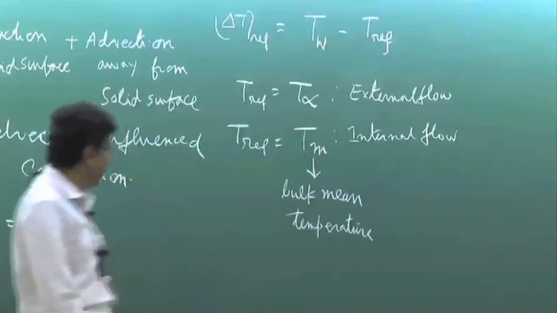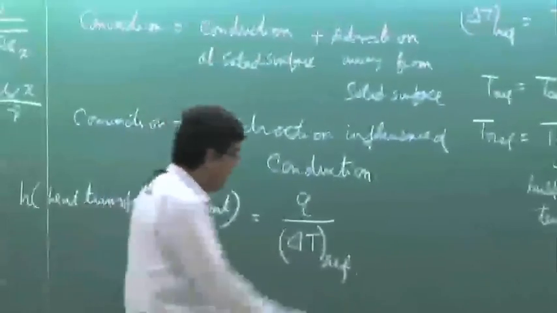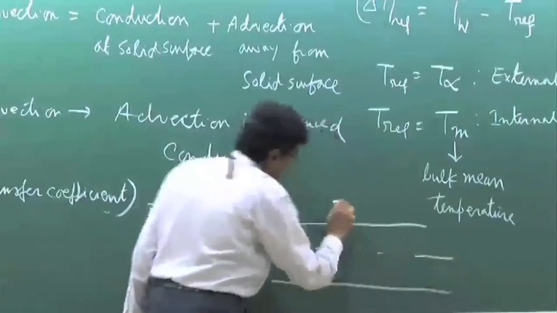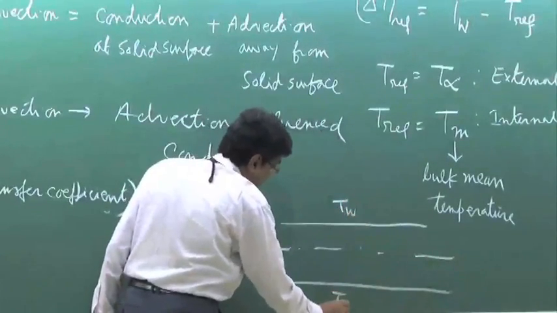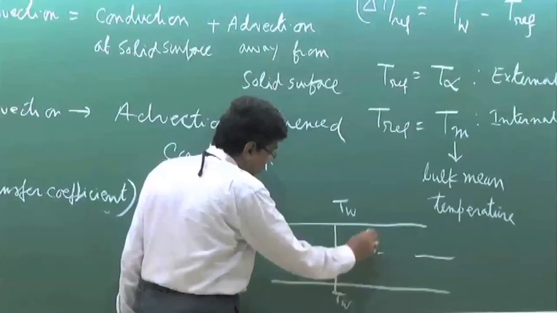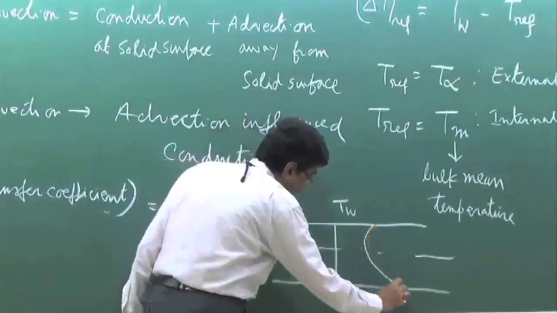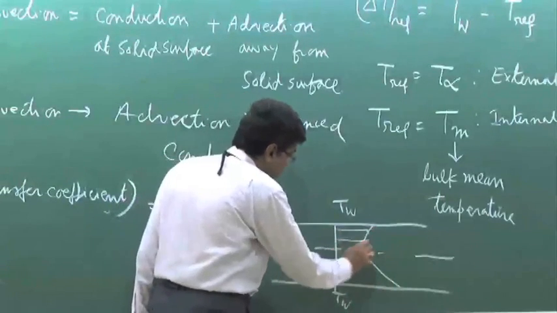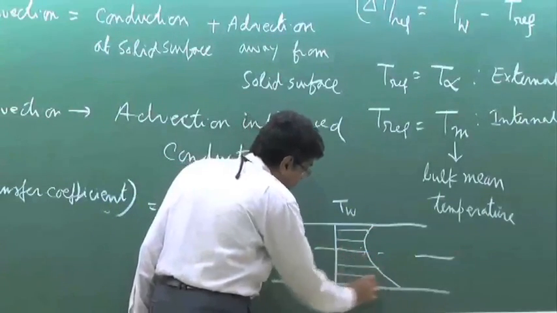Now the bulk mean temperature concept is like this. For example, a fluid is flowing through a cylindrical duct which has a temperature T_W at the surface, and the fluid is cold initially. At any section we expect qualitatively a temperature distribution like this, with T_W higher than the fluid temperature.